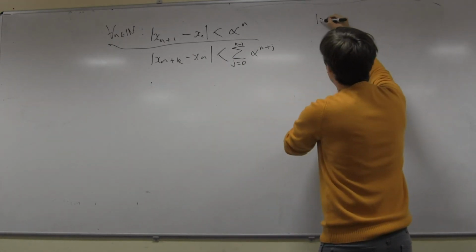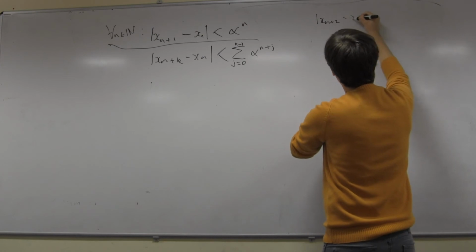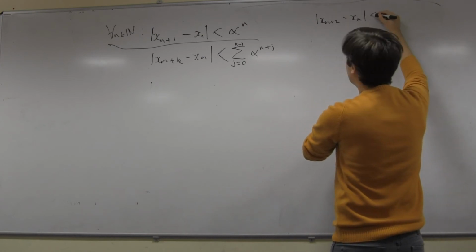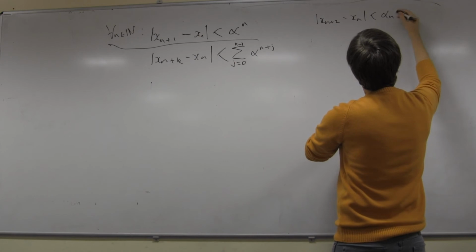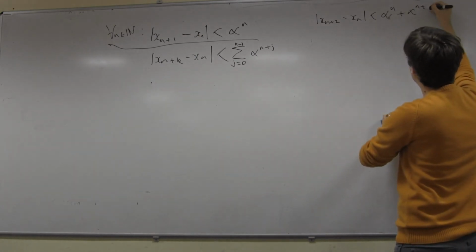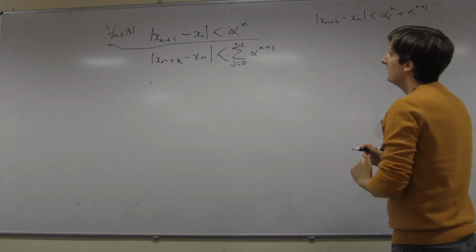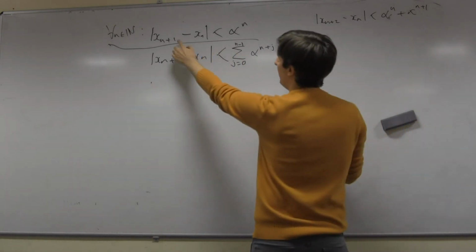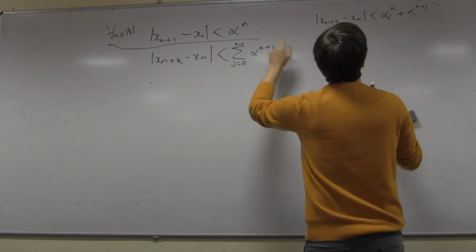Remember we had x_{n+2} minus x_n less than alpha to the n plus alpha to the n plus 1, and we've got x_{n+1} minus x_n less than alpha to the n.